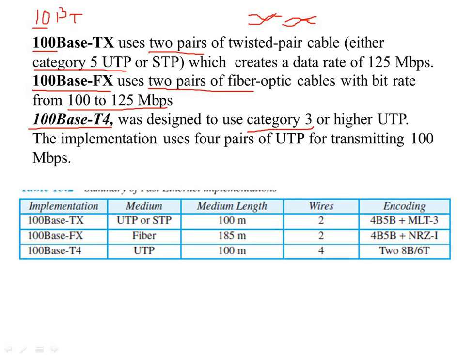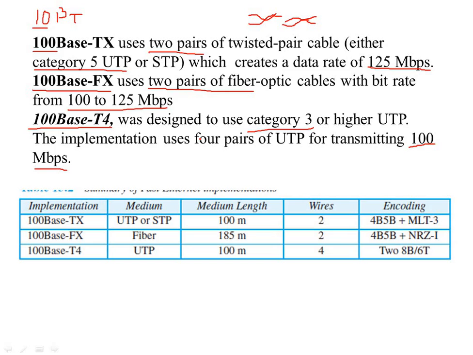Cat3 type of cable. Now this Cat5 and Cat3, they have different capacity. So here you can see the capacity is 125 megabits per second, and here the capacity is 100 megabits per second, and you can go through various net sources where you can find what is the difference between category 3, Cat4, Cat5, Cat6 type of cables.